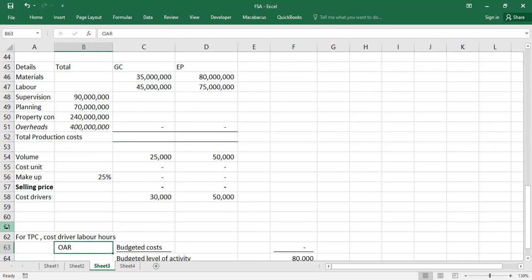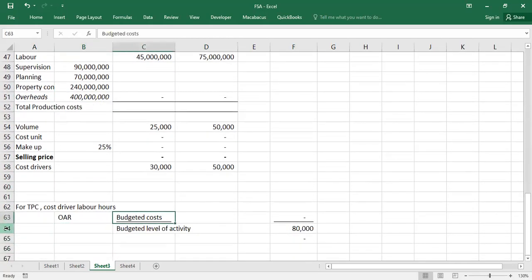The reason is clear: first of all, the level of activity or the cost driver is different, everything will be different. So with the OAR under ABC, you must make sure that you go item per item. So we shall begin with supervision.